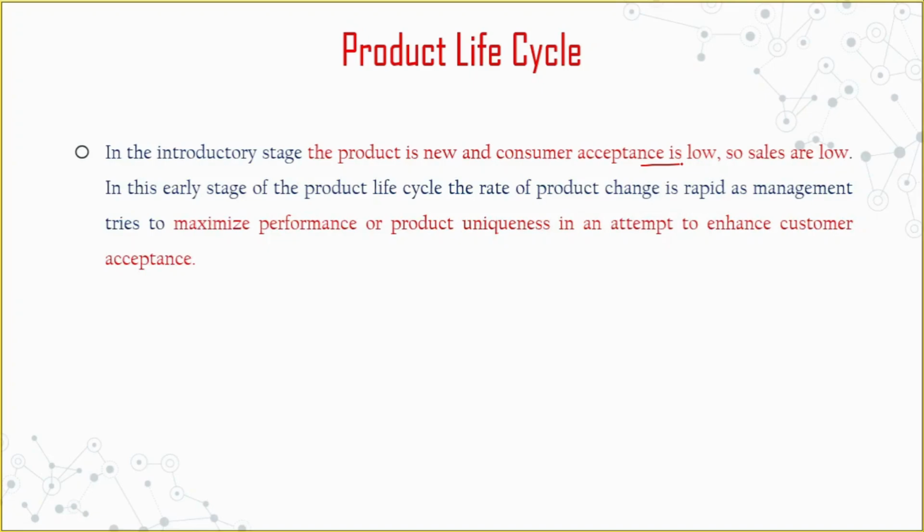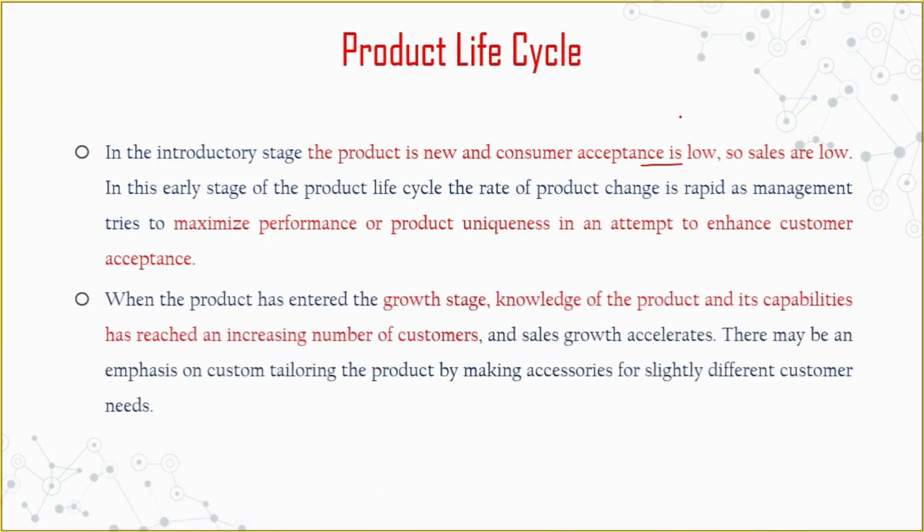Ultimately to maximize performance and product uniqueness. It's as simple as when a new movie is launched, they engage themselves in promotions of that movie, and they want to reach out to their users as much as they can. That is what happens in the introductory stage.